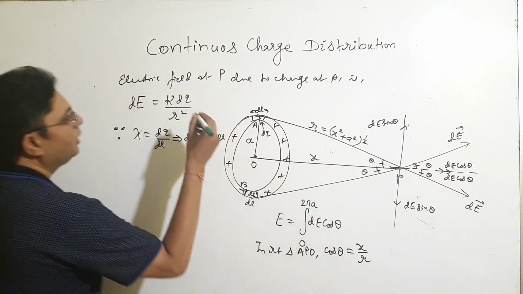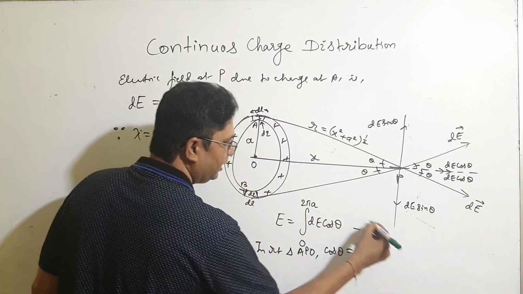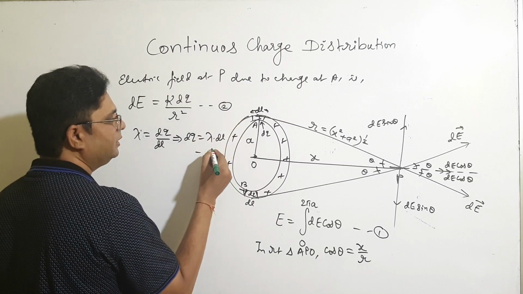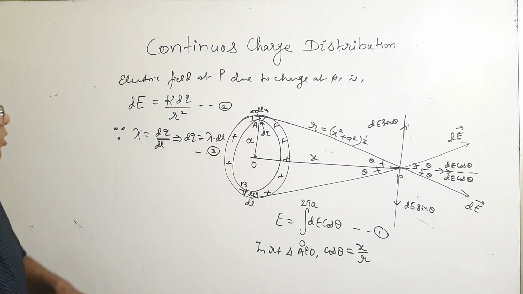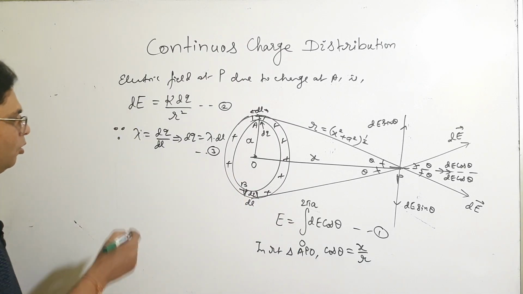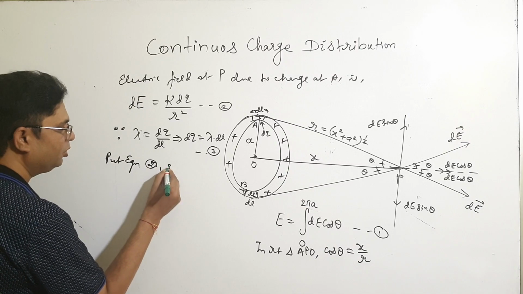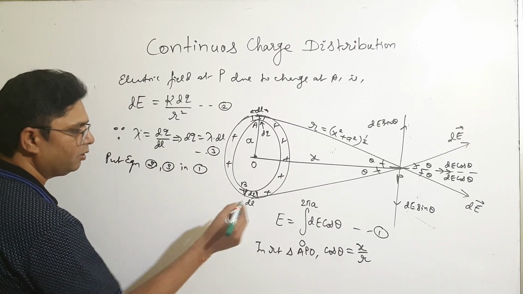Let this be equation 1, this is number 2 and this is number 3. Put the values from equations 2 and 3 in equation 1. What do you have?